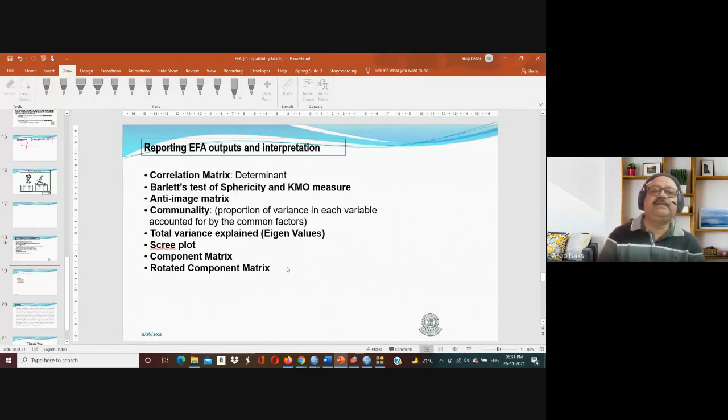Normally, the correlation matrix is one of the outputs. You have to mention the determinant. The Bartlett's test of sphericity and KMO measure, you have to report those. KMO measure, as I have told you, basically talks about sample adequacy.